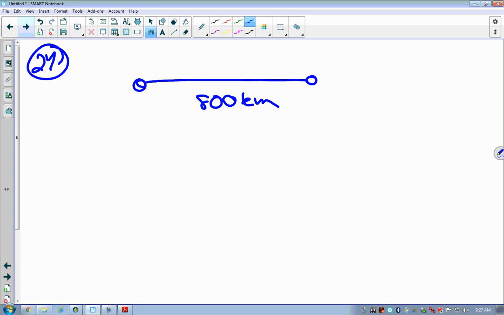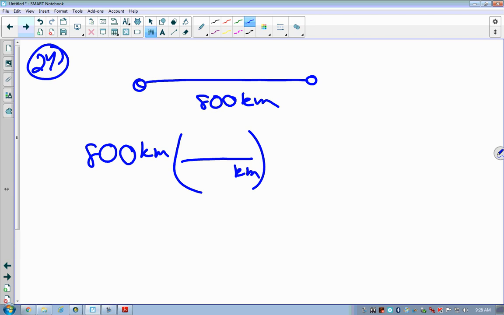This is another conversion. So 800 kilometers, okay, and I want to convert to miles. So what unit goes on the bottom of my conversion? Kilometers. Why kilometers? Why is kilometers going to go on the bottom? Because it's the unit I'm trying to cancel out, right?